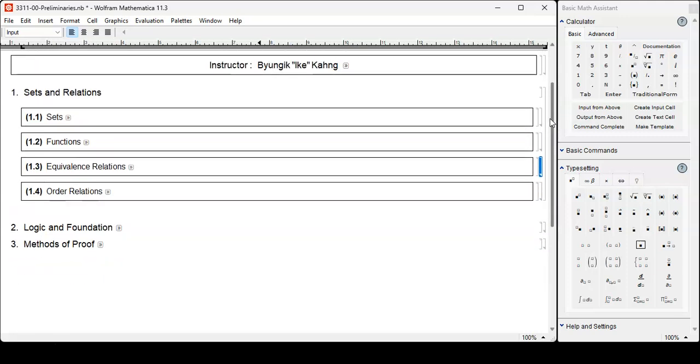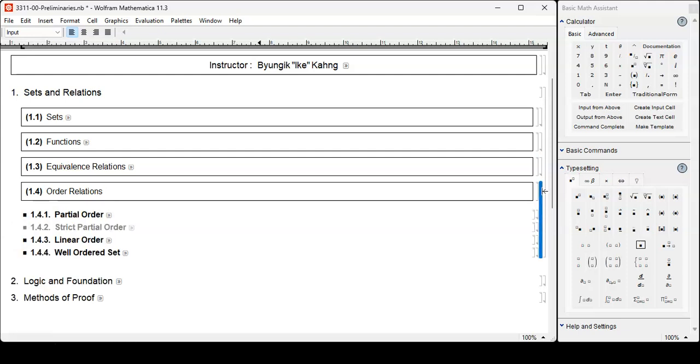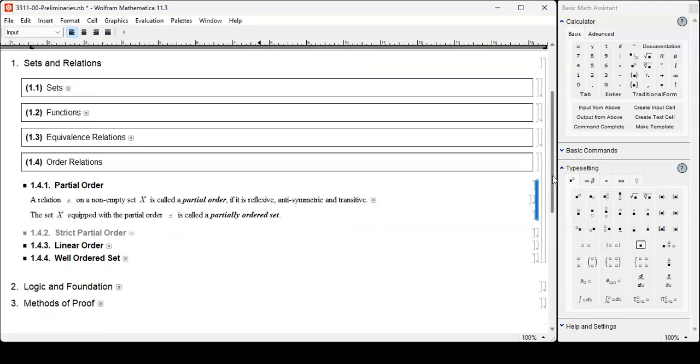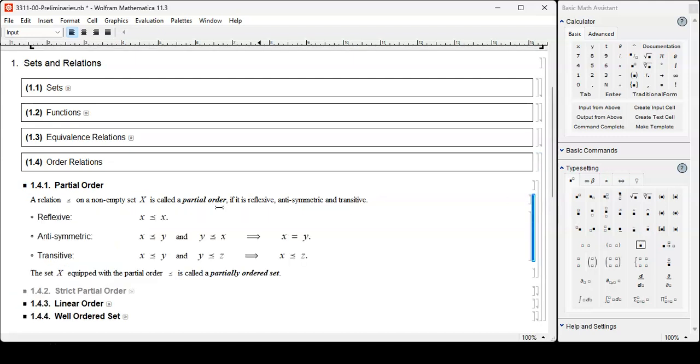Okay, finally we have order relations. It's a relation too, and a partial order is a relation with these properties: reflexive, antisymmetric, and transitive. Reflexivity: x is less than or equal to x itself.